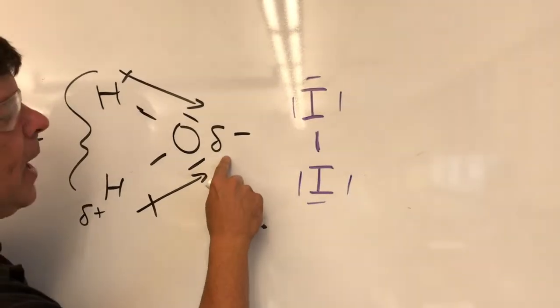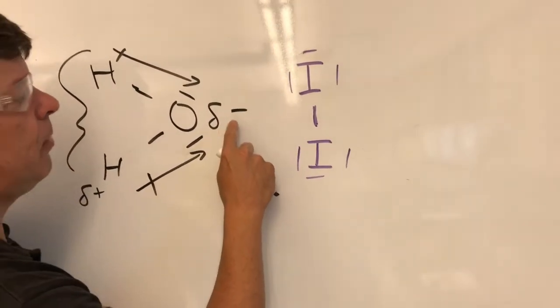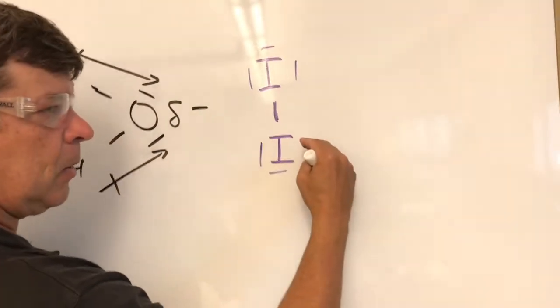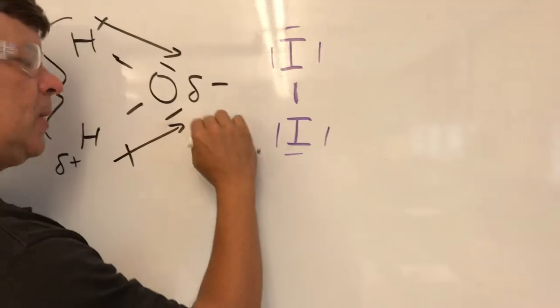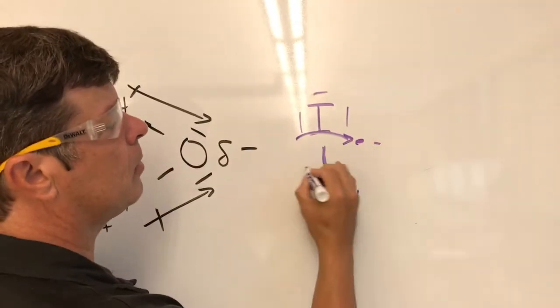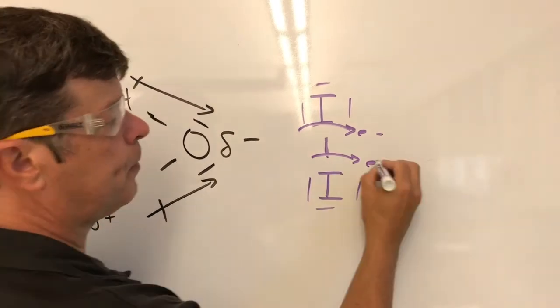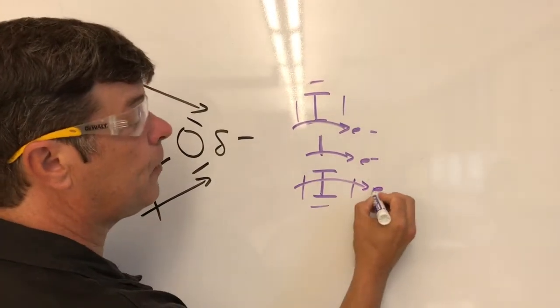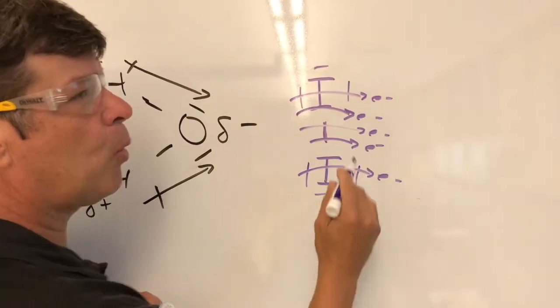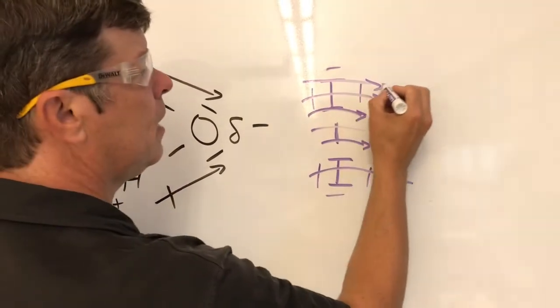So think about what that partial negative does. How do the electrons in this molecule react to this partial negative? Yeah, they're repelled. Likes repel, right? So all these electrons. Each iodine has 53 electrons, so it's really polarizable. That's a nice word, huh?